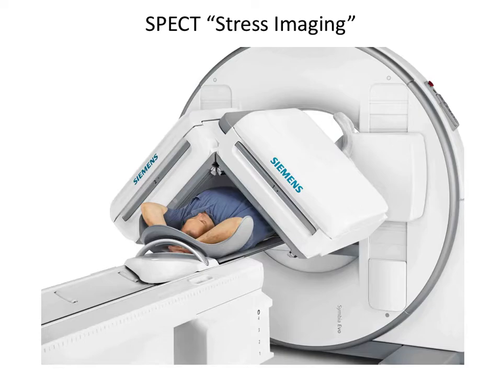You don't want them to shoot off into space and be undetected, because that's just a waste of the energy. So the geometry of the system is to make detectors try and surround the patient as maximally as possible and still make it a practical system.